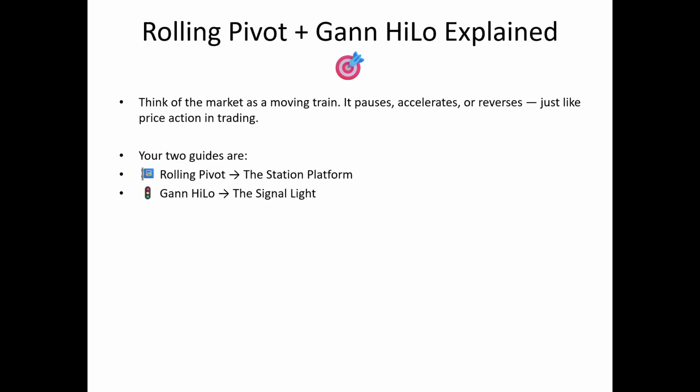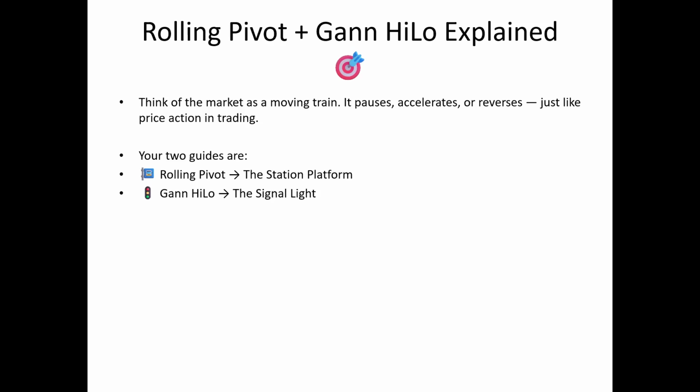So that is the junction halt, a moment where the market is deciding to continue in the current trend or reverse. And when the train stops at the signal light, while the track ahead turns red or blue, that is a signal halt. You might have seen the Gann Hilo turning red to blue, blue to red.